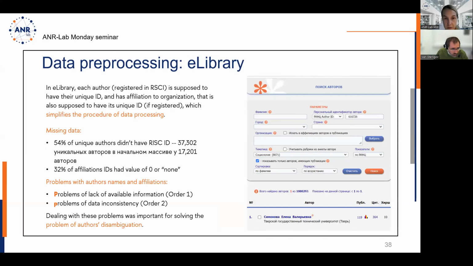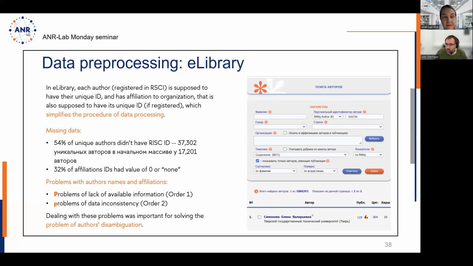And talking about eLibrary, as I said, at first we were really happy that we have this information, so that we have the IDs of authors and affiliations. And we thought that it would simplify the procedure of data processing, but then it turned out that more than half of our unique authors in our database didn't have these IDs, which are done by eLibrary, Russian Science Citation Index.